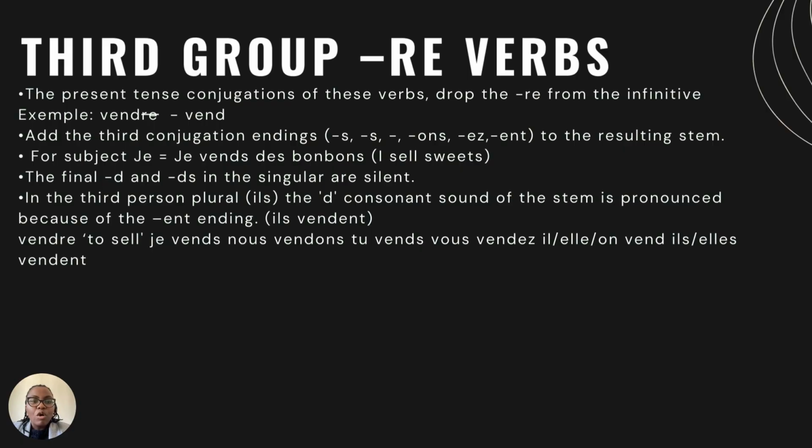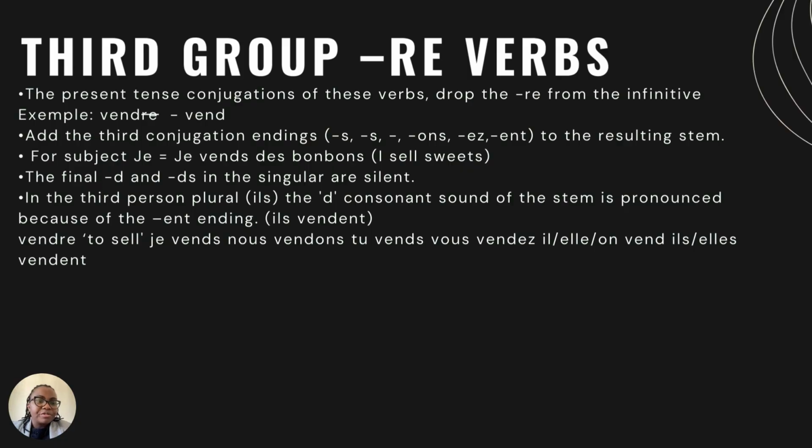So vend is more of a nasal sound. But when you get to the third person plural, the consonant D before the ENT is pronounced. So for the singular, it will be il vend, and for the plural, ils vendent.